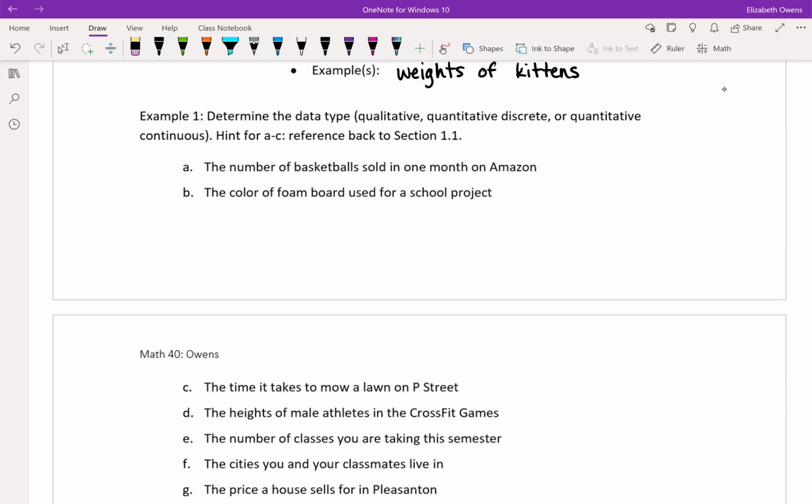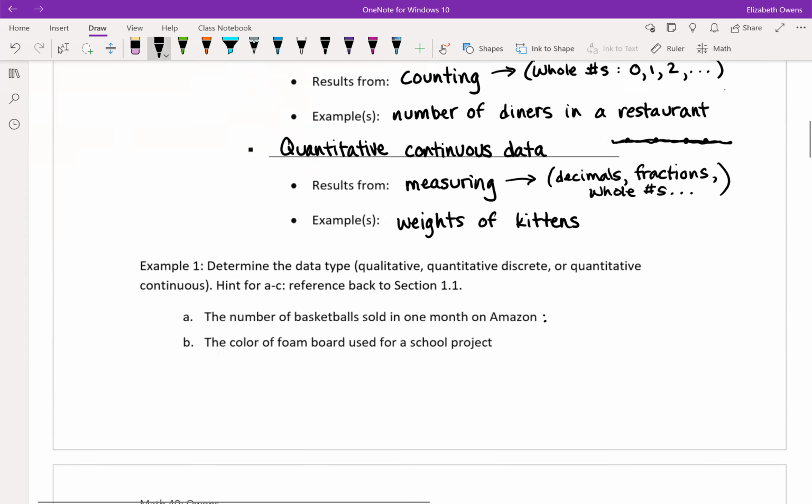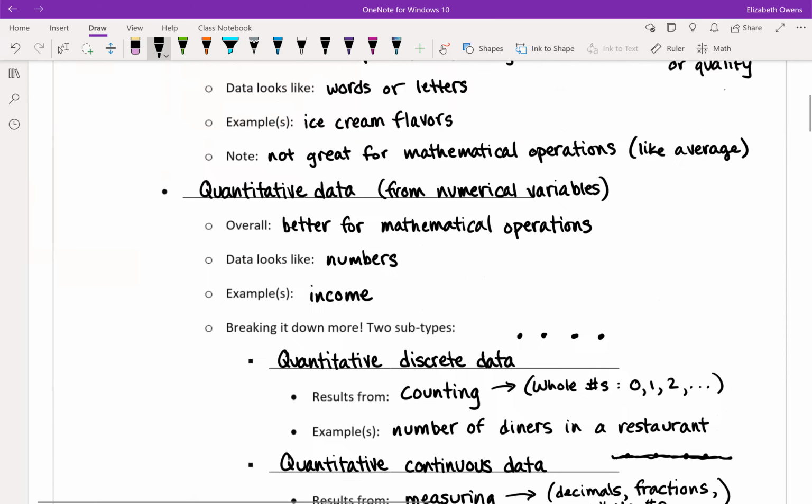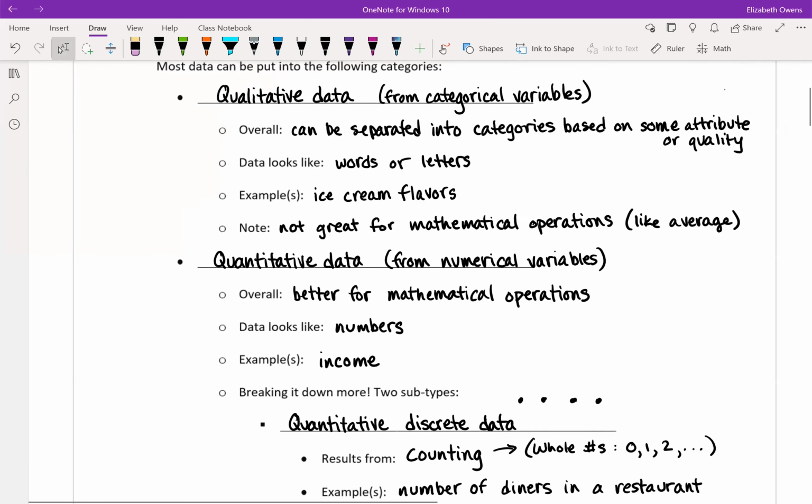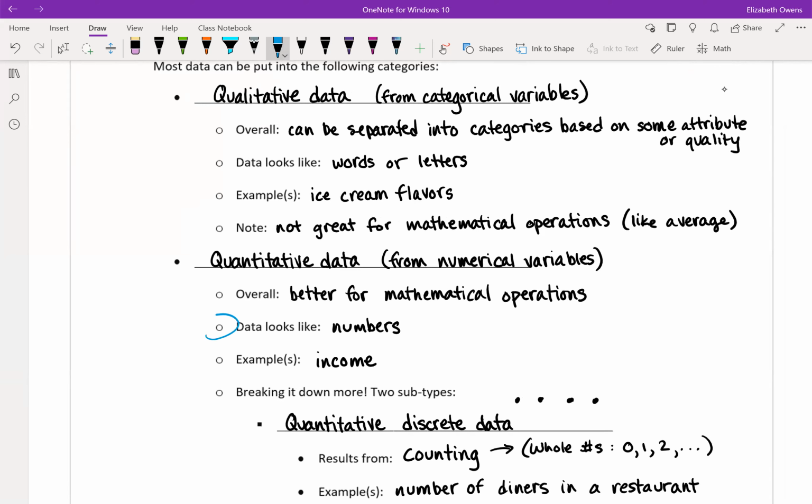All right, so the first thing we'll look at is the number of basketballs sold in 1 month on Amazon. So this data set would have the different numbers of basketballs being sold. And so the fact that it is numbers that we're looking at kind of indicates that we would be in the quantitative data type.